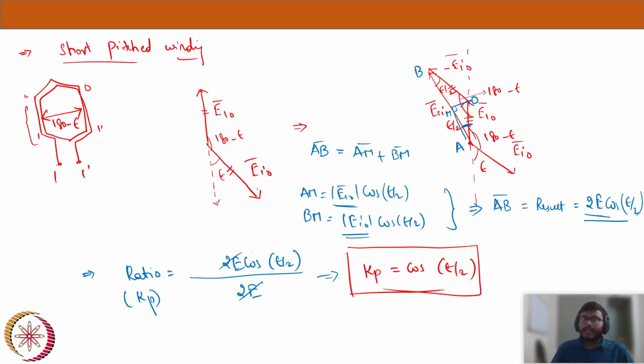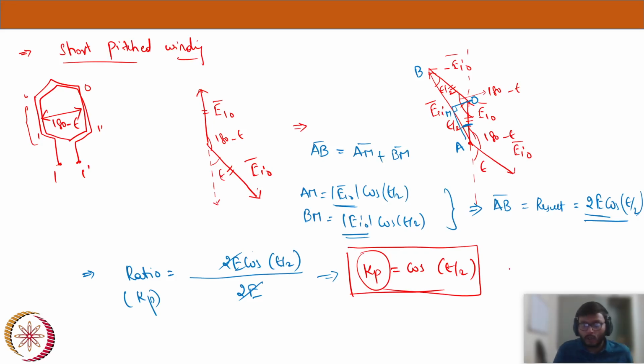The reason behind short pitching a coil by some angle is that when we short pitch it, we are able to eliminate some kind of harmonics. If you want to eliminate third order harmonics or fifth order harmonics, we have to calculate the factor for which we can make that harmonic zero.